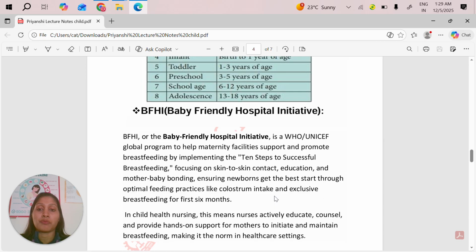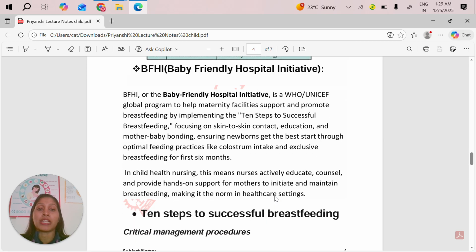Then the next is BFHI, Baby Friendly Hospital Initiative. Okay, BFHI, or the Baby Friendly Hospital Initiative, is a WHO and UNICEF global program to help maternity facilities support and promote breastfeeding by implementing the 10 steps to successful breastfeeding, focusing on skin to skin contact, education and mother baby bonding, ensuring newborns get the best start through optimal feeding practices like colostrum intake and exclusive breastfeeding for the first 6 months.